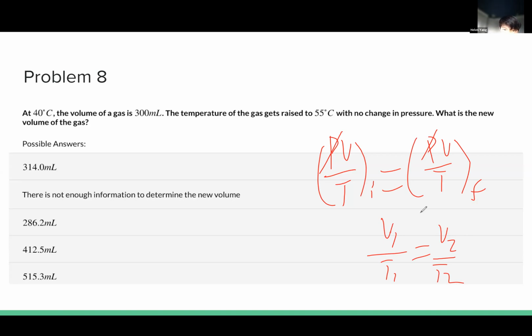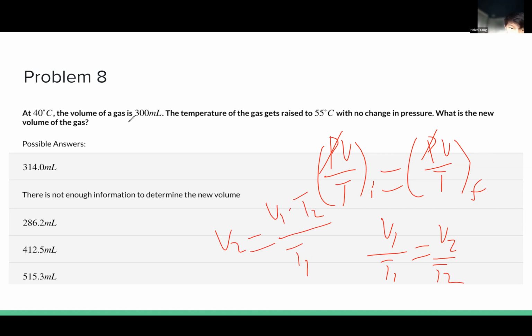We're trying to find the new volume of the gas, so we're trying to find V2. So V2 is equal to V1 times T2 over T1.